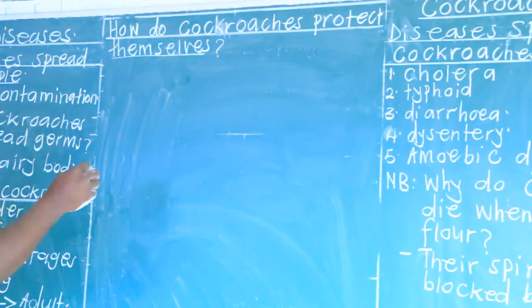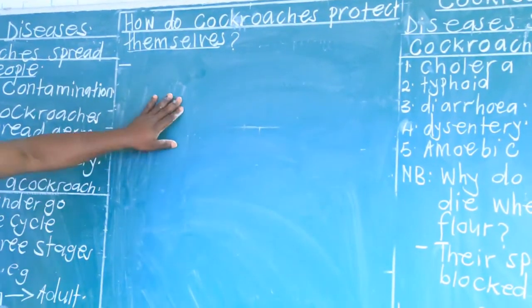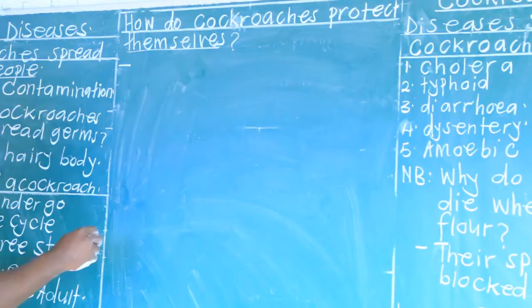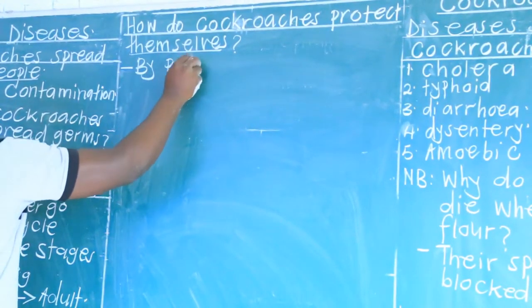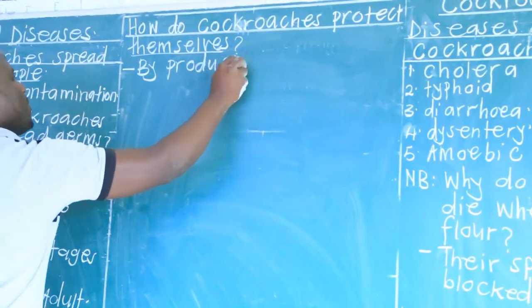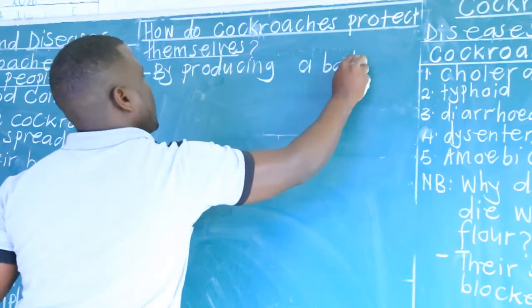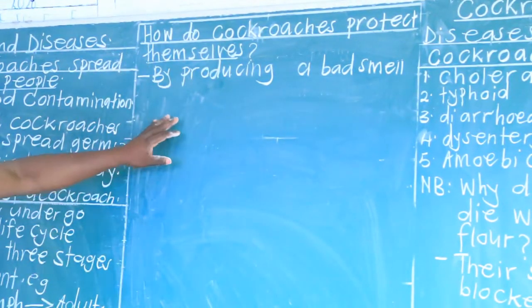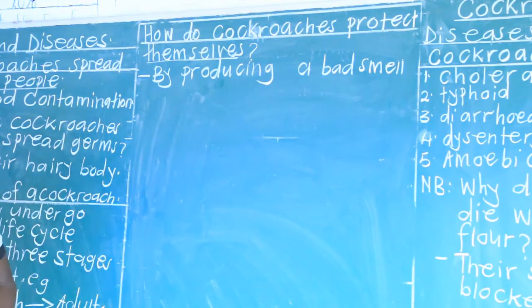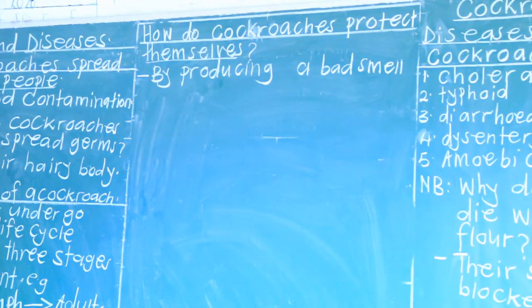By producing a bad smell. So cockroaches protect themselves by producing a bad smell. When you touch cockroaches, they will produce a bad smell. They produce that bad smell to protect themselves.